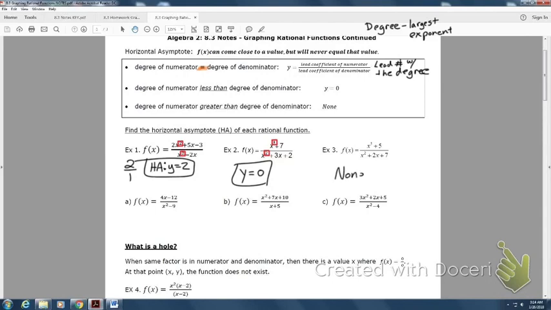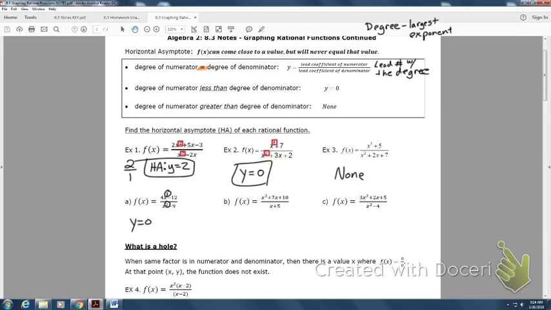There isn't one. Okay. I'm not sure why they're lettered A, B, and C now, but EJ, what's the degree of the numerator? 1. Larkin, what's the degree of the denominator? 2. If the numerator is less than the denominator, what's my horizontal asymptote? Y equals 0.